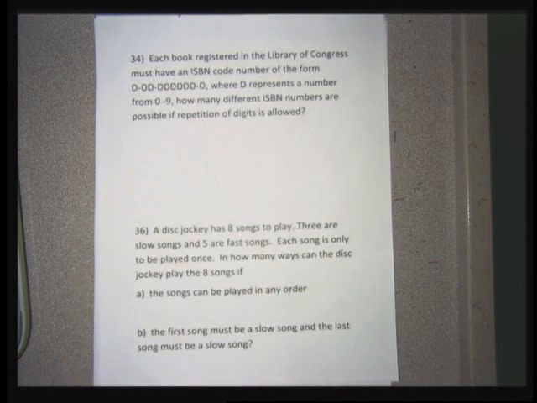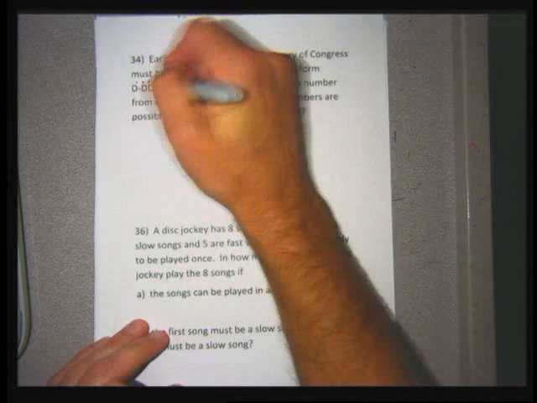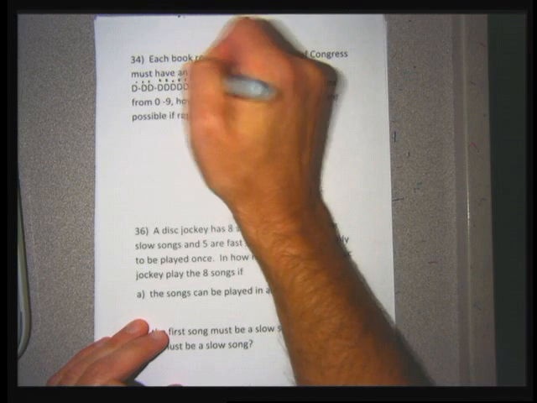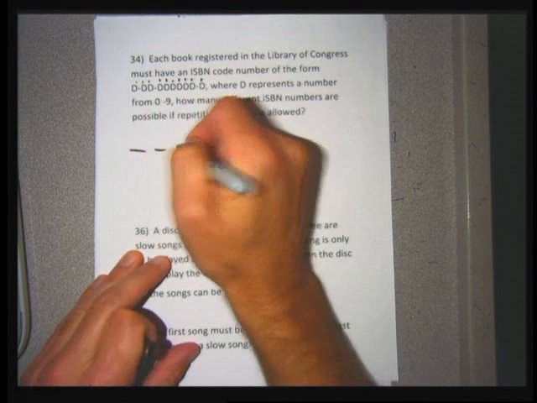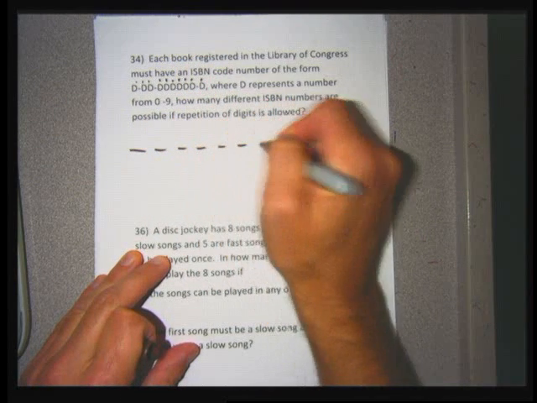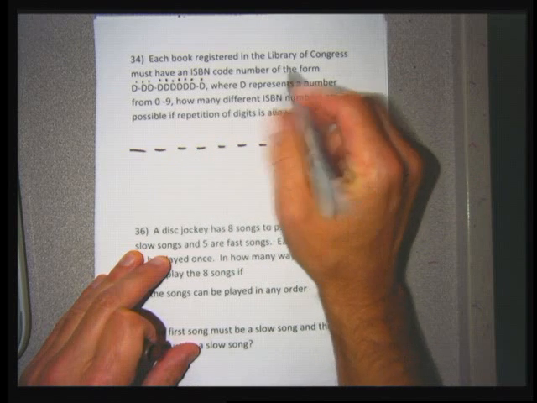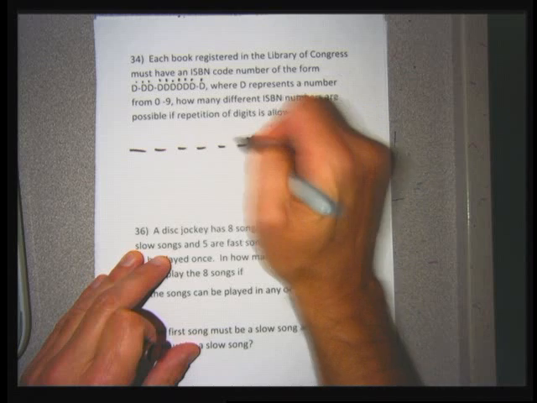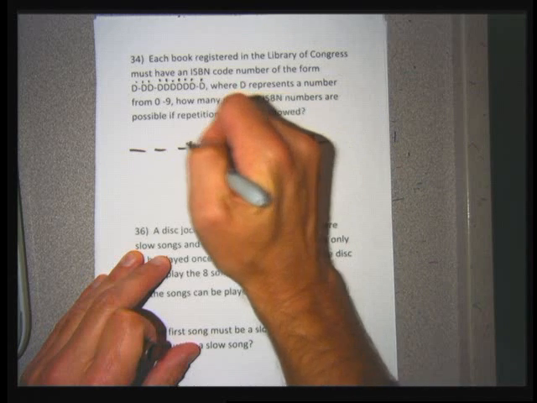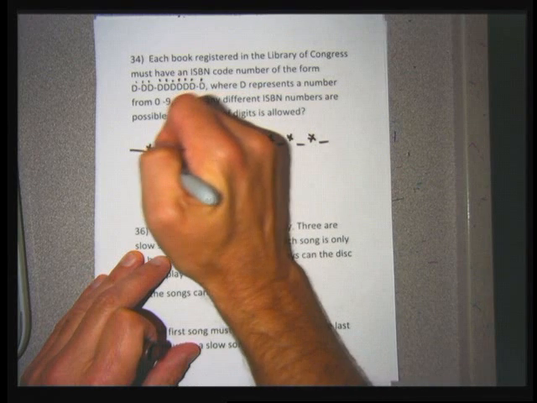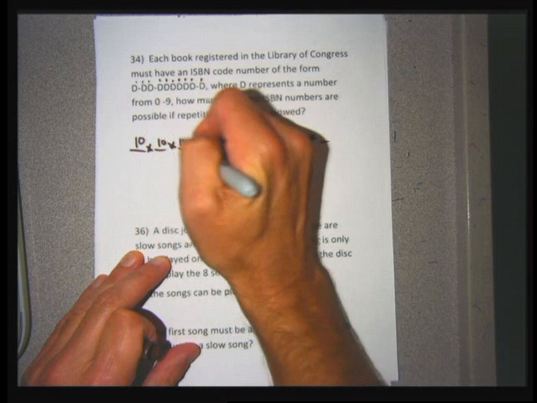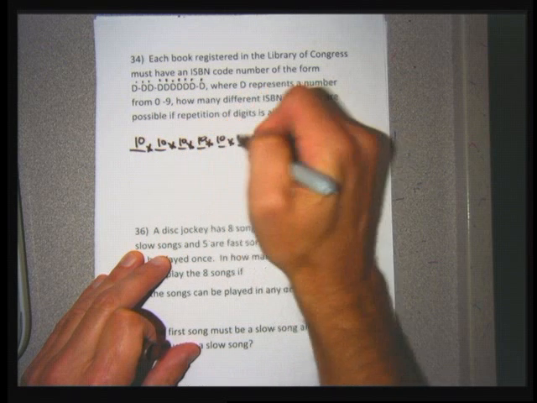So I'm going to make a spot for each of the 10 digits: 1, 2, 3, 4, 5, 6, 7, 8, 9, 10 numbers needed to make up an ISBN number. Because repetition is allowed, for every single spot there's going to be 10 numbers to choose from.